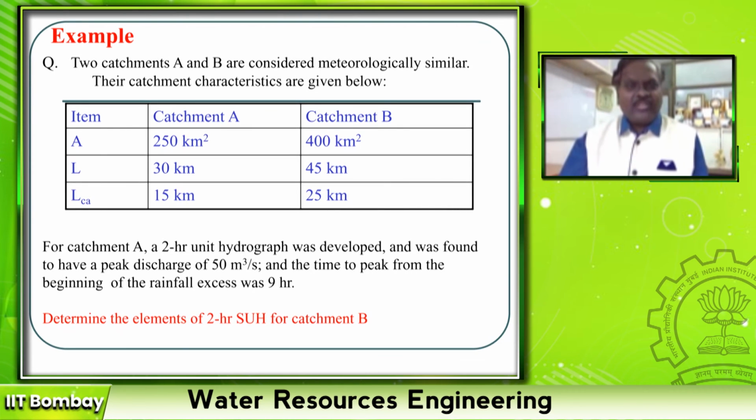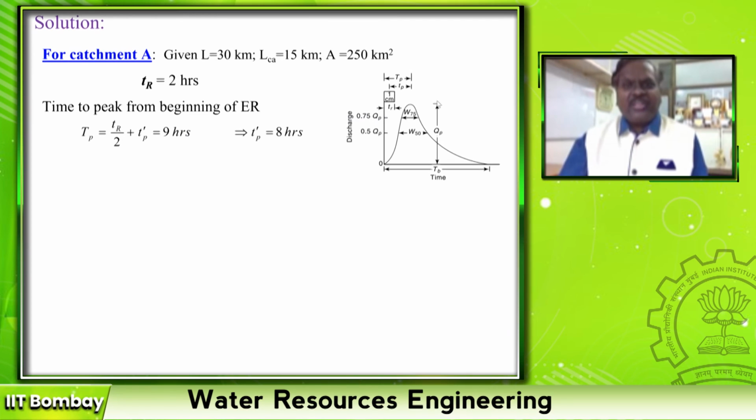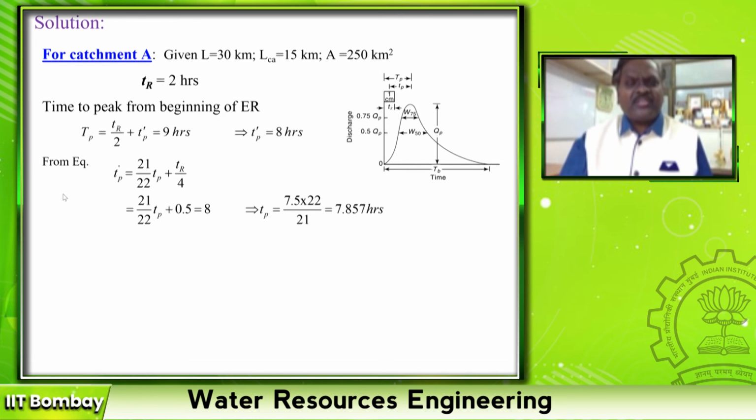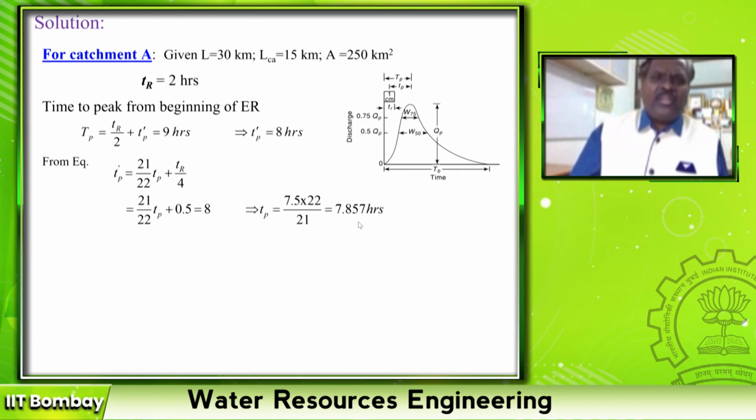Now what do we do first for catchment A? The time of rainfall, capital TR, is 2 hours. So my time to peak from the center of rainfall excess to the peak discharge is 8 hours. This is estimated. Now the second one, the adjusted time to peak in the ungauged basin, is 7.857 hours, almost similar.